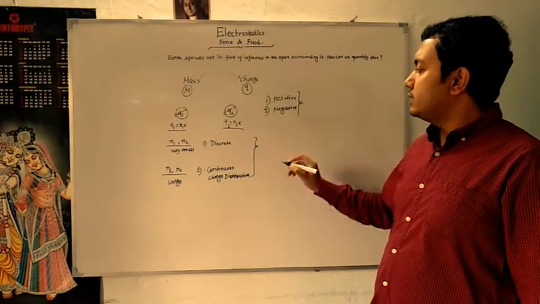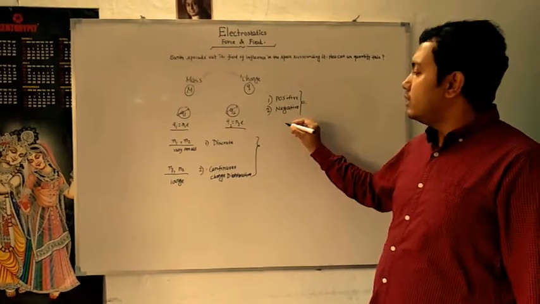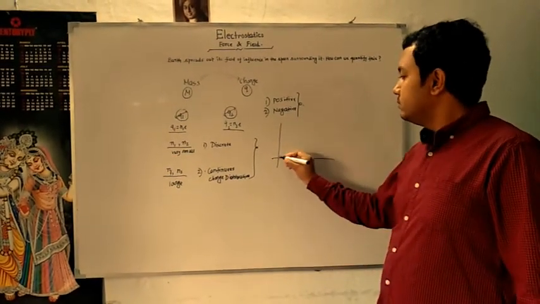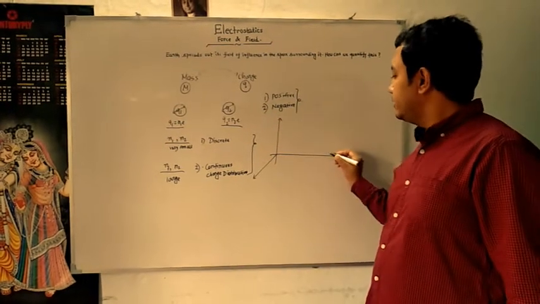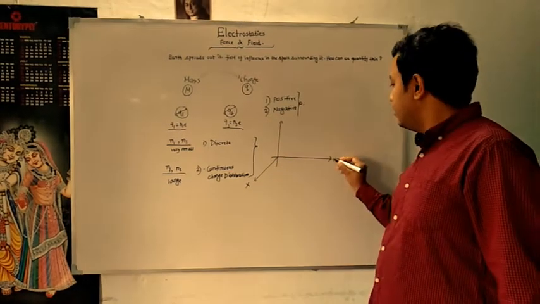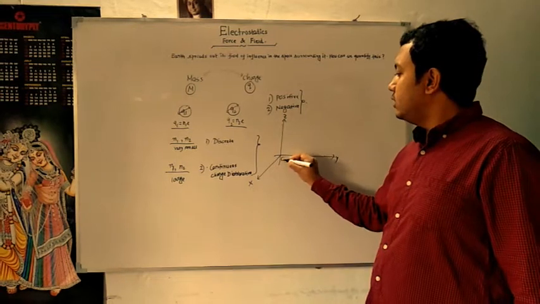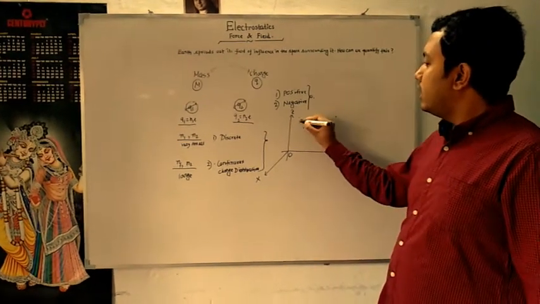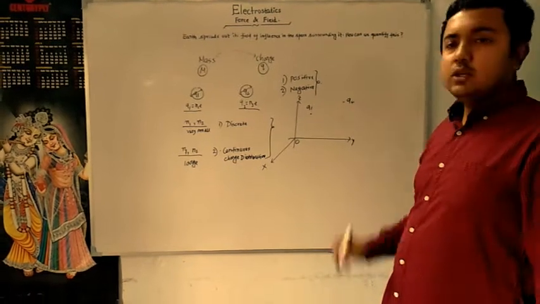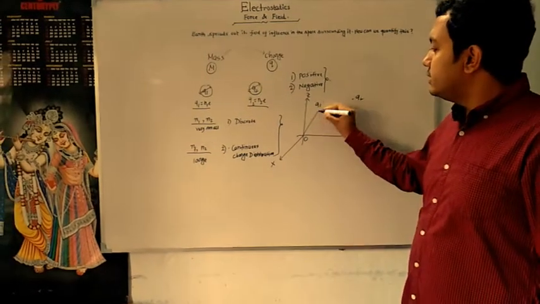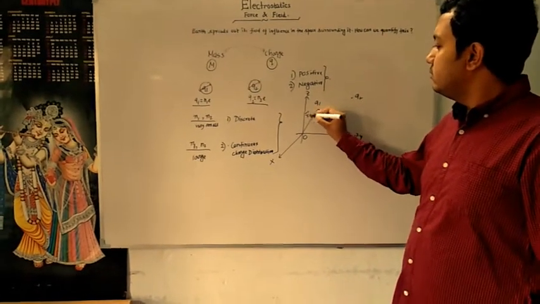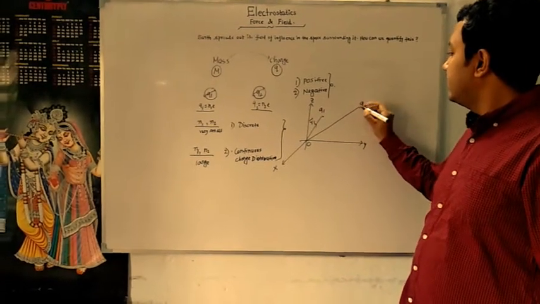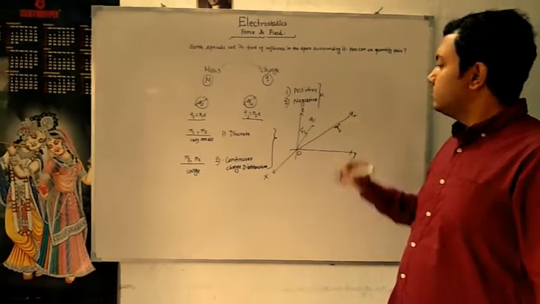Two charged particles are there, and we attach a coordinate system with it. Let three axes be there, x, y, and z, with origin O, and we consider two charged particles q1 and q2 with position vectors R1 and R2.